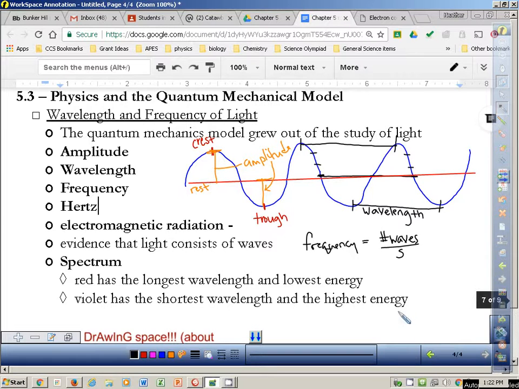Like how many waves go by every second? The unit of that is either number per second or hertz. Like the rental car place, we abbreviate it capital H, lowercase z. So if you see 4 hertz, what does that mean?